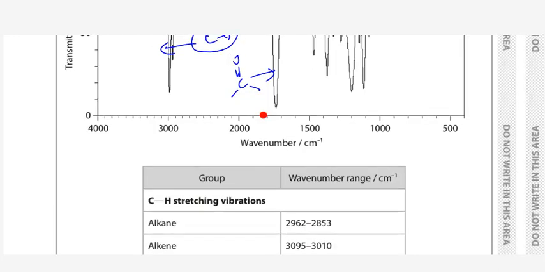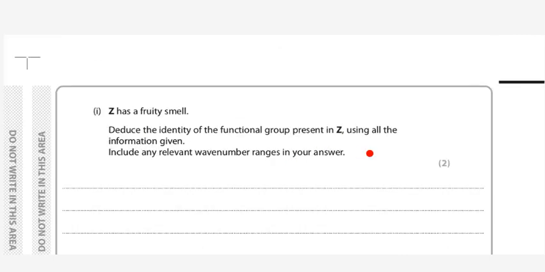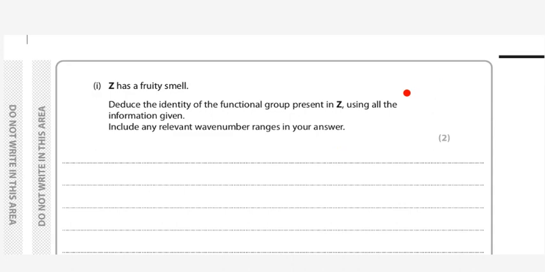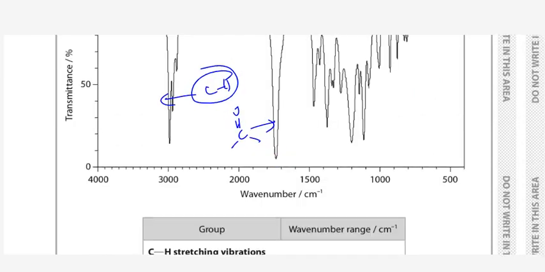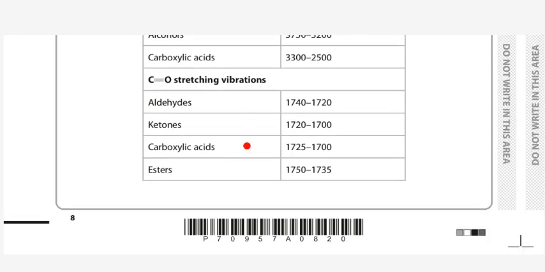We know it's an ester. It says fruity smell, and the ester's carbonyl vibration is 1750 to 1735.